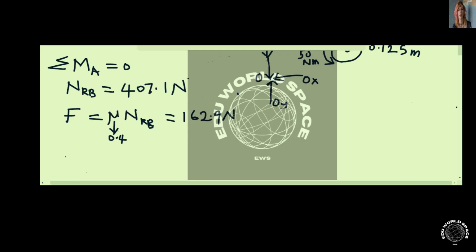Of course, this is lower than the 400 Newton we had there. That means there is going to be slip at point B in the diagram.